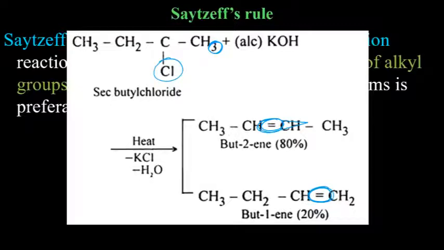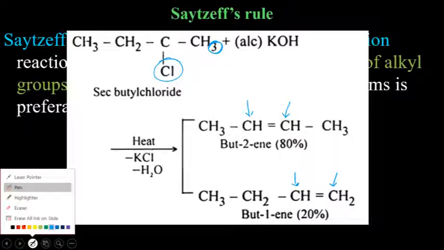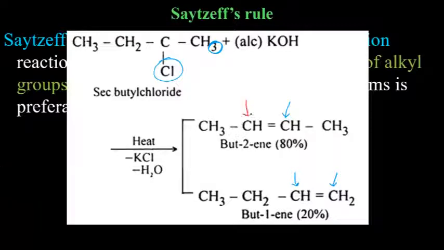According to the Saytzeff rule, that product will be the main product in which the doubly bonded carbons have the maximum number of alkyl groups. So the doubly bonded carbons are these two, and here these two. In the first case, this carbon has one alkyl group, and this carbon of the double bond has one alkyl group. Total number of alkyl groups 2.